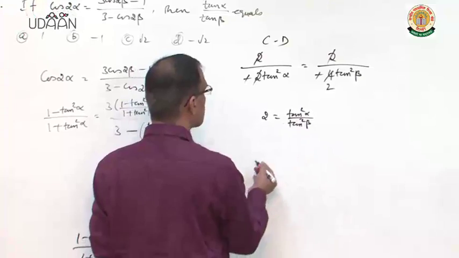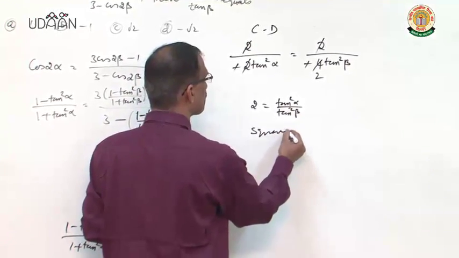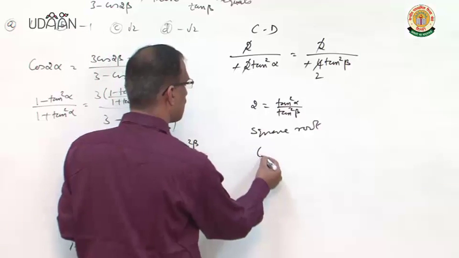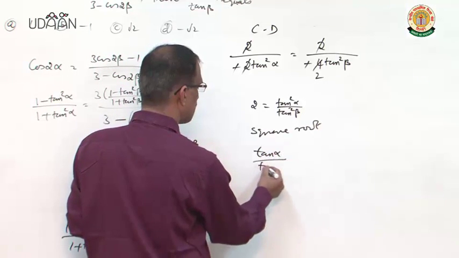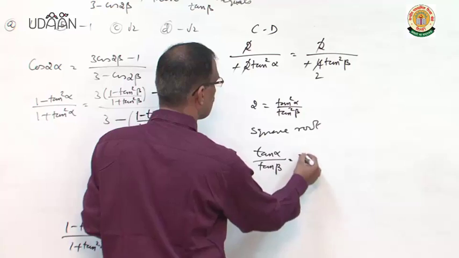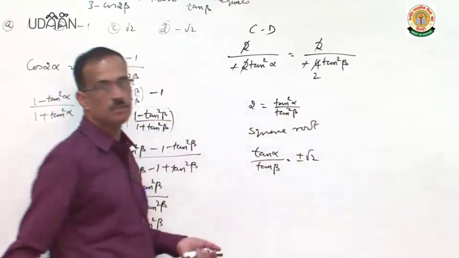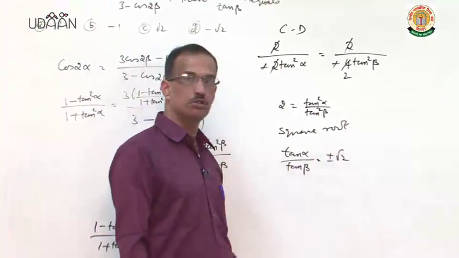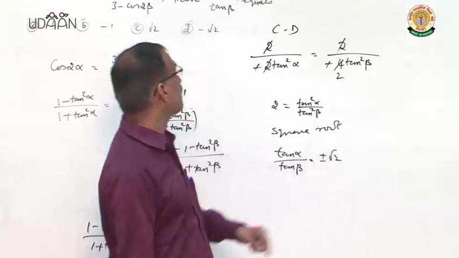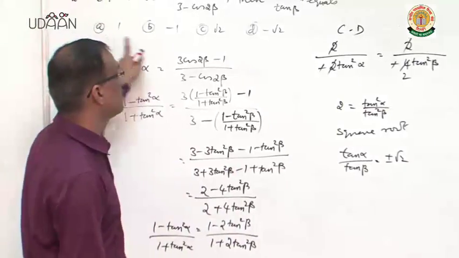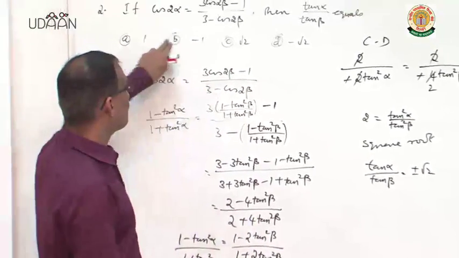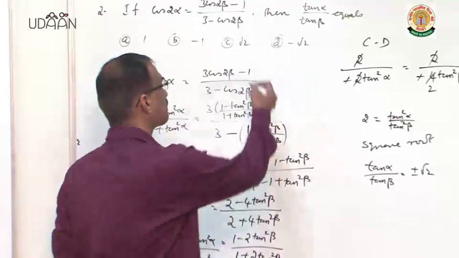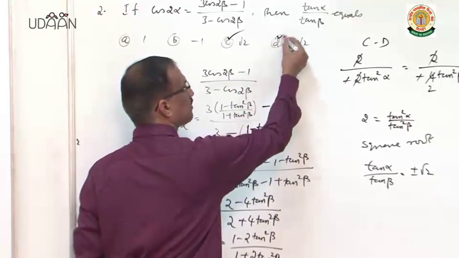So if you take the square root on both sides, you get tan alpha by tan beta equals plus or minus root 2. So this can give a plus root 2 or a minus root 2. Now you can see the options, it is 1, minus 1, and then root 2 and minus root 2. So the options are C as well as D.